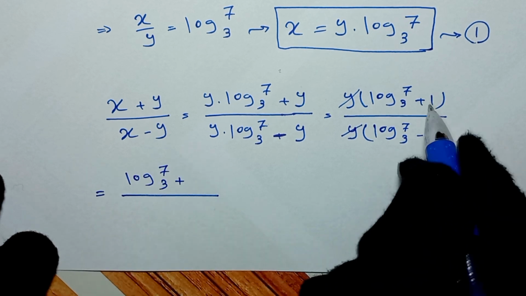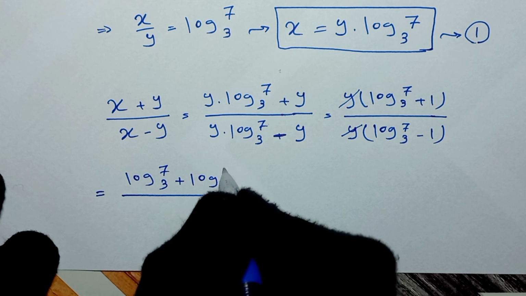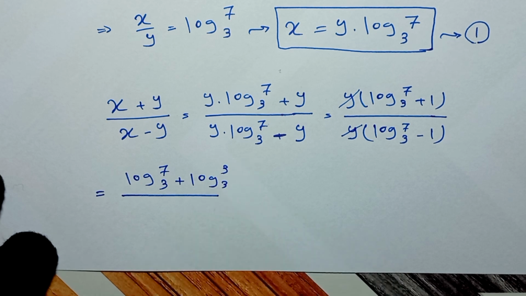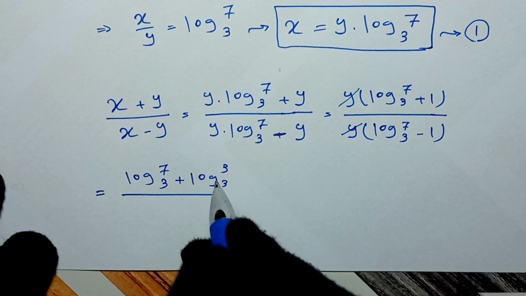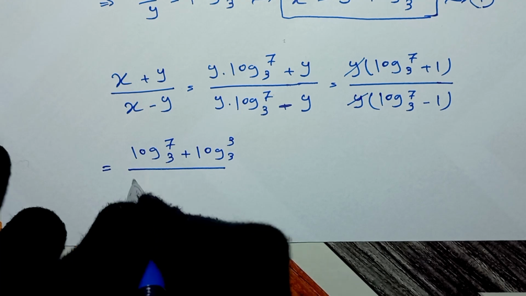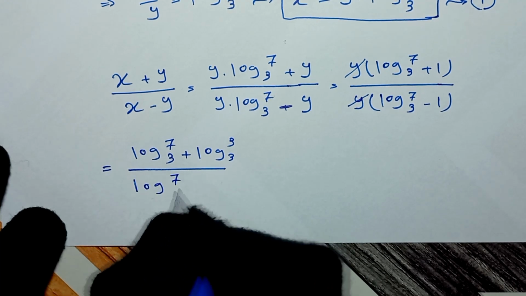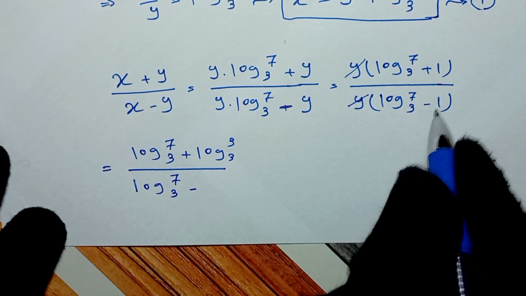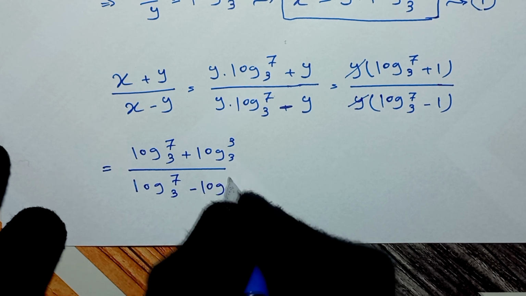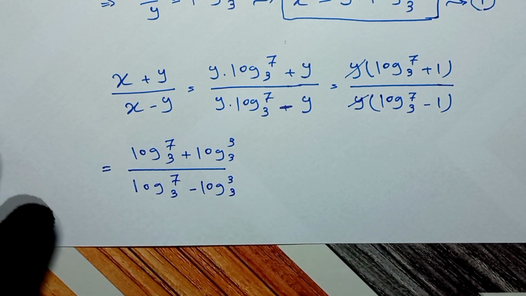And we can write this one as log of 3 to base 3, right? Log of 3 to base 3 is 1. And for denominator, we can write log of 7 to base 3 minus 1. And we write 1 as log of 3 to base 3.